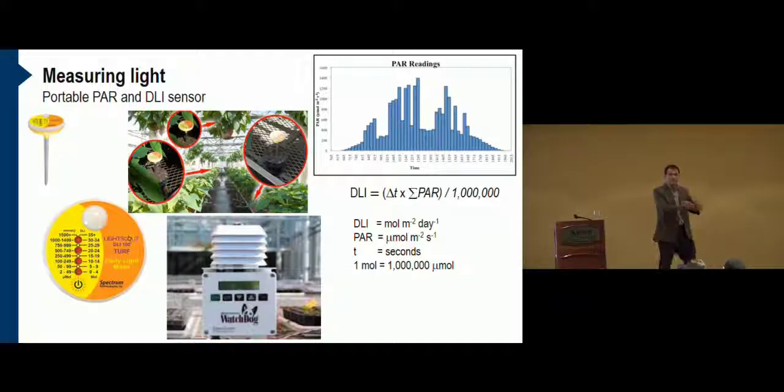So 15 minutes times 60 seconds, you have 900 seconds times all that PAR data you accumulated over the course of the day, and that's the total amount of micromoles per meter squared per day, and then you need to divide that by 1 million, which is the conversion from micromoles to moles. So when you do that simple calculation, you basically determine the total daily light integral in terms of moles per meter squared per day. So this is something that you can do by using your quantum sensor.